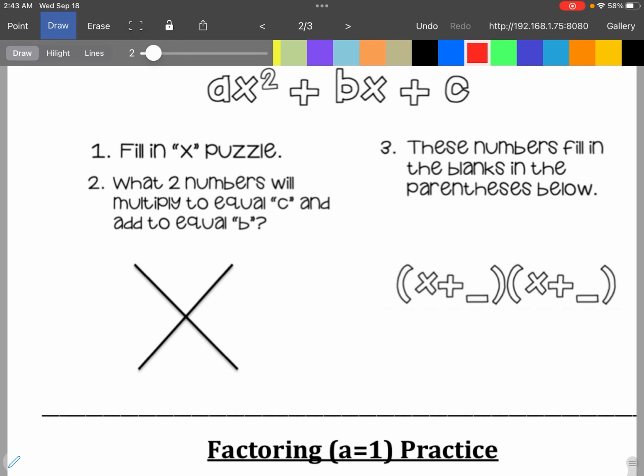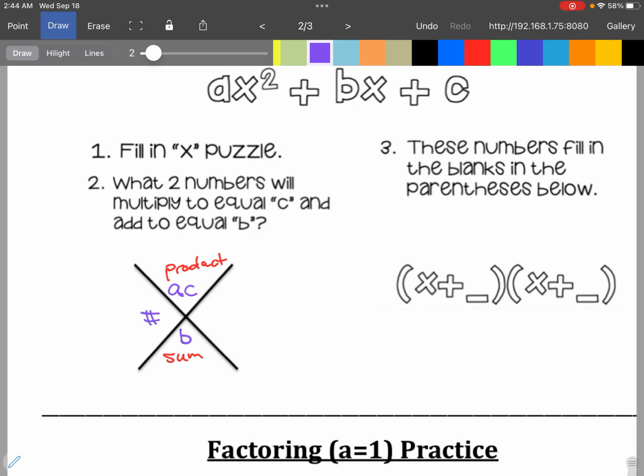It doesn't matter if some people like to put their product up here and sum down here, as long as you know who's who. Product is going to be, again, multiplication between A and C. And the sum is B.